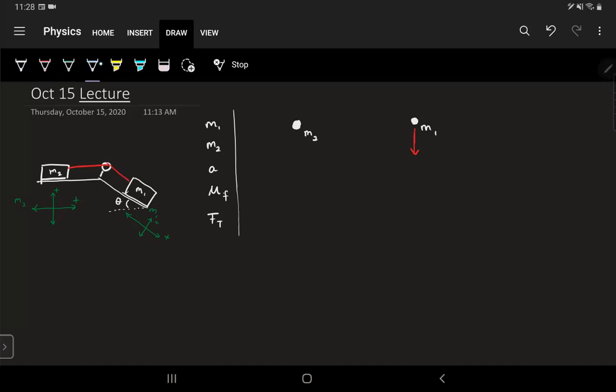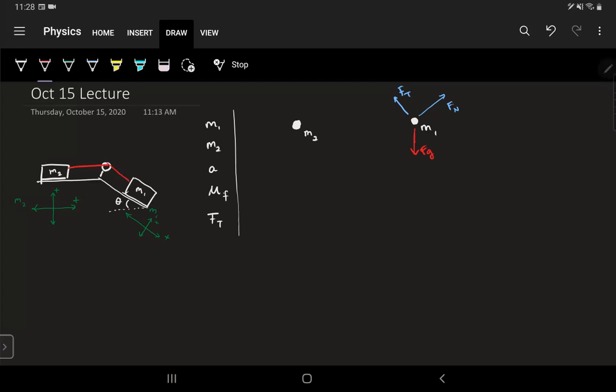We also have normal force that's perpendicular to the surface, so perpendicular to that surface is diagonal. And then we have the force of tension. Let me start labeling these: Ft, Fn, Fg.